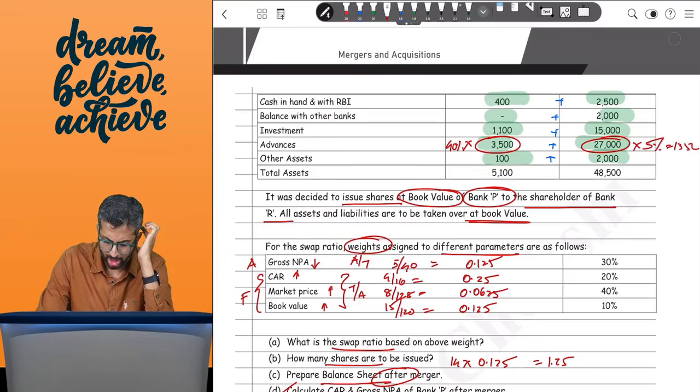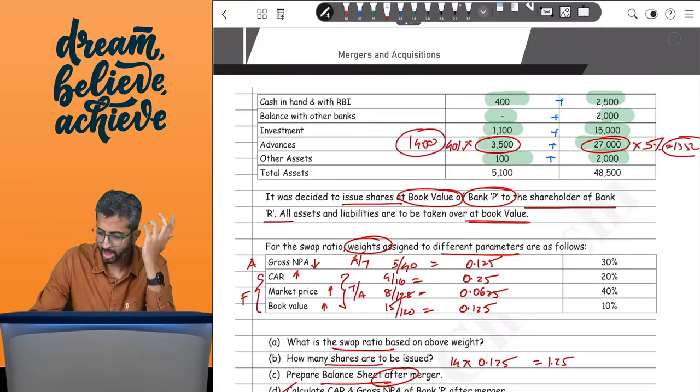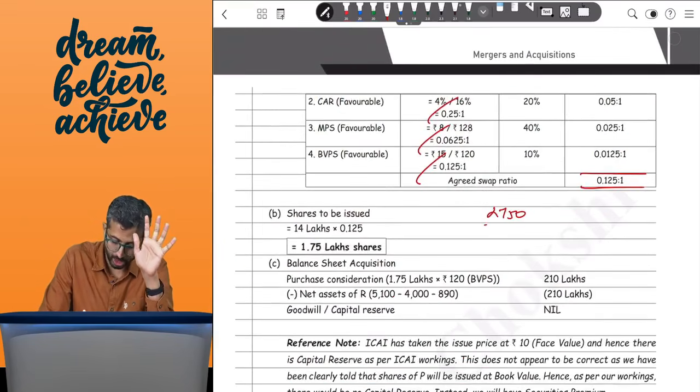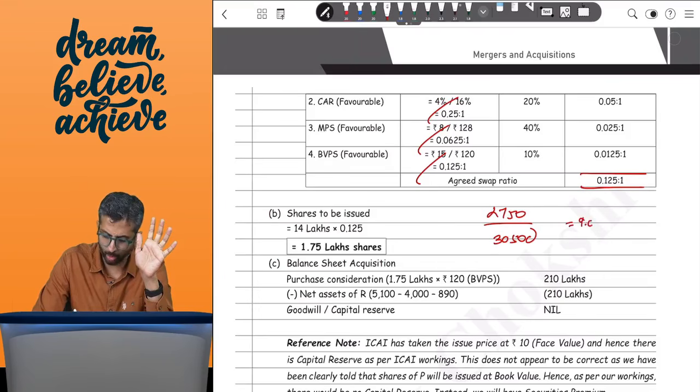This is what I think 3,500 into 40%. This is 1,400, which means your total gross will be 1,400 plus 1350 comes to 2,750. 2,750 upon 30,500, and that will give you around 9.02%.